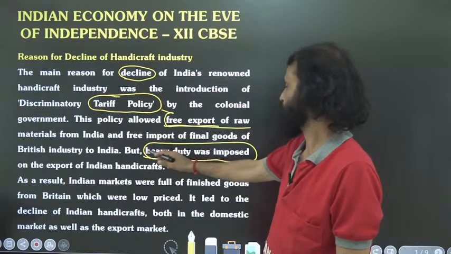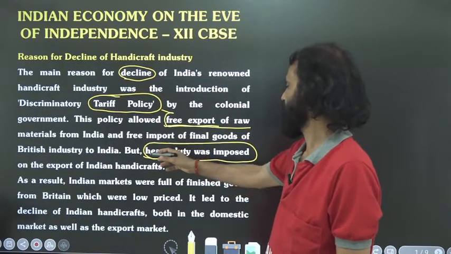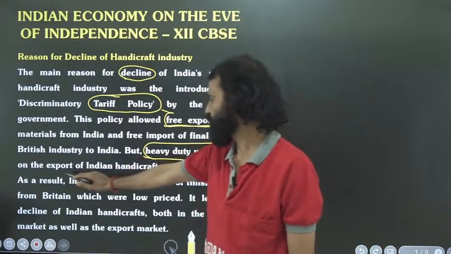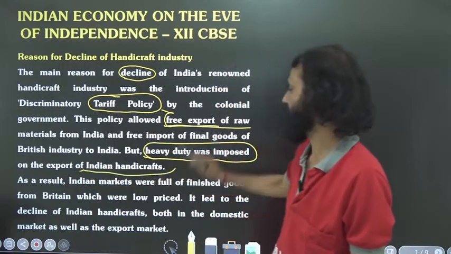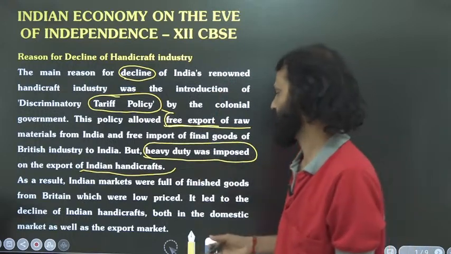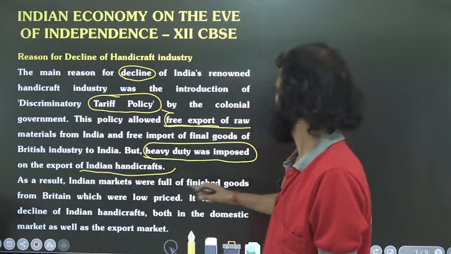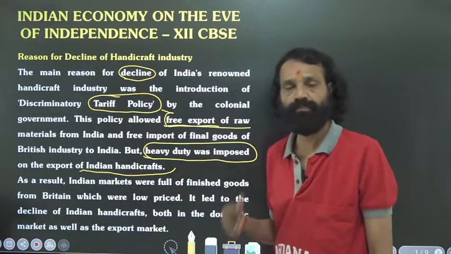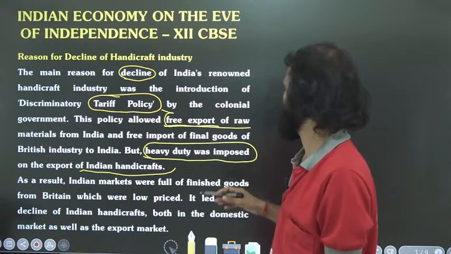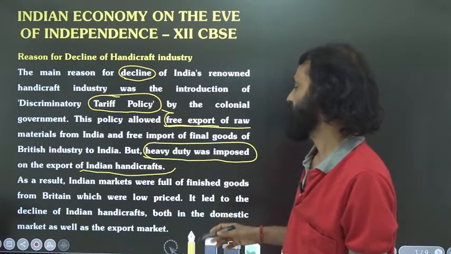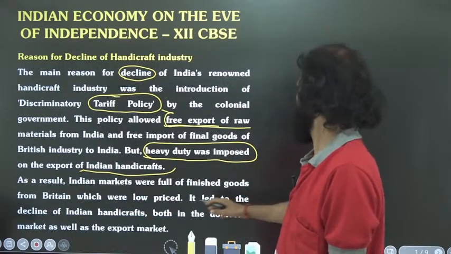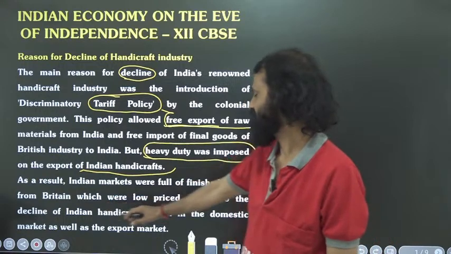We could not export anything. If we exported something, then heavy duty was imposed on the export of Indian handicraft items. As a result, Indian markets were full of finished goods. So many finished goods came to the Indian market, a surplus of goods from Britain, which were low priced. It led to the decline of Indian handicrafts.